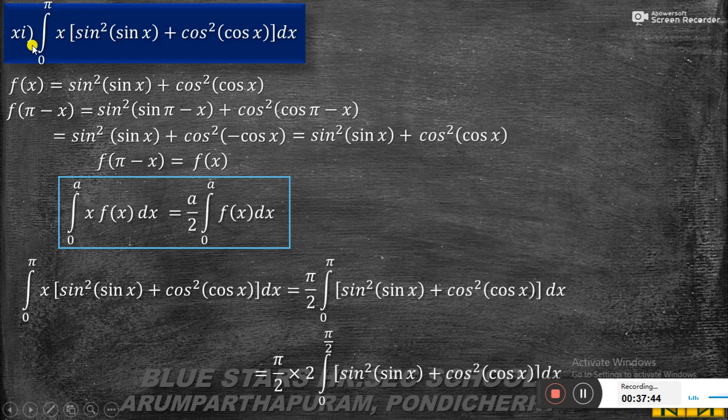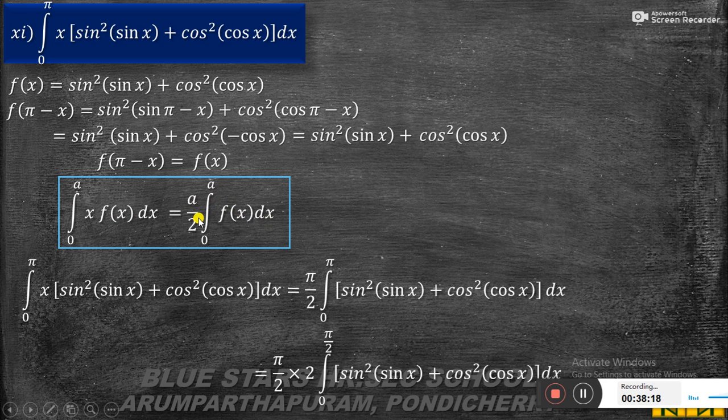You see the second problem, 9th subdivision: integral 0 to pi of x into sin square of sin x plus cos square of cos x into dx. This is the given integral. So I write f of x equals sin square of sin x plus cos square of cos x. Because this type is integral 0 to a of x into f of x, that is, integral 0 to a of x f of x dx equals a by 2 integral 0 to a of f of x dx.